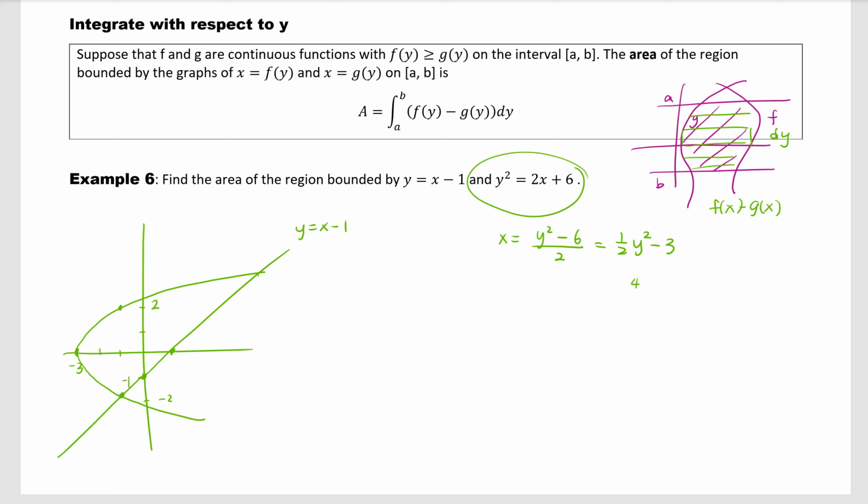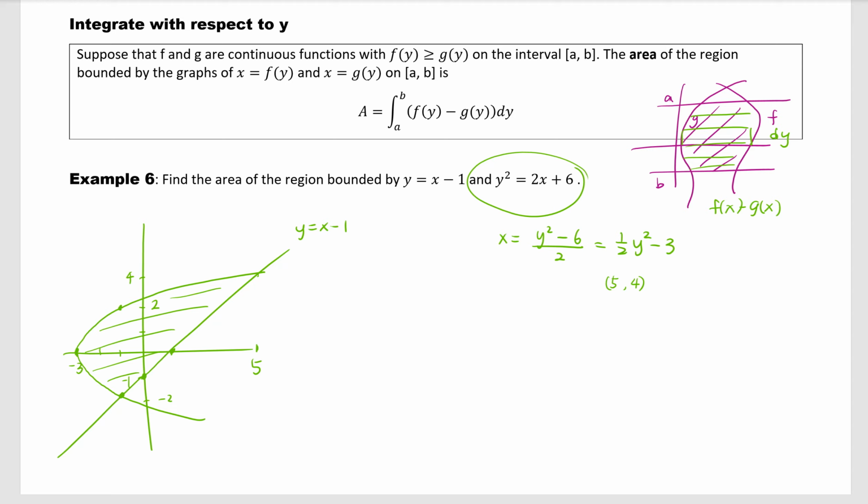So it passes through, y is 4 and x is 5. So let's see whether this point is on the line. We plug in x is 5, 5 minus 1, 4. Oh, that is actually the intersection point. So the x value is 5, the y value is 4. And we are looking for the region bounded by them. So far, so good, everybody.